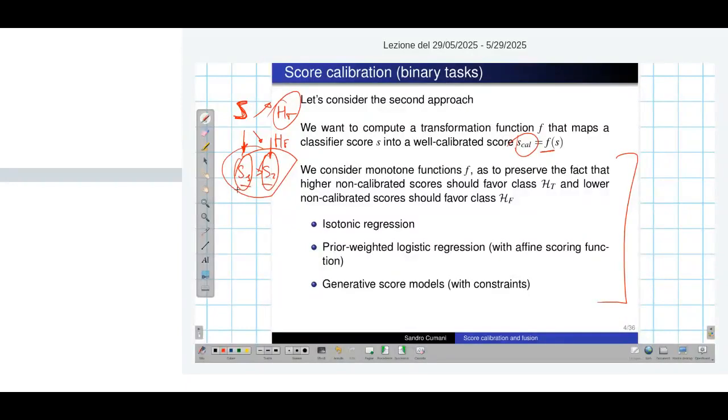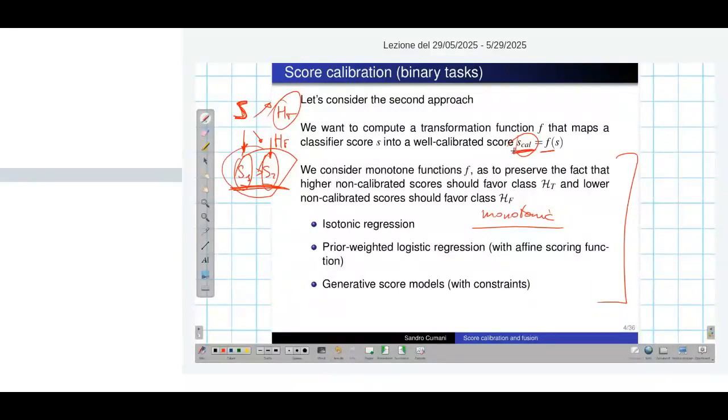We want the relative strength of the scores to be preserved, which means that our function, it's not written here, should be monotonic. So our transformation function should be monotonic and should map our scores to scores that represent a log likelihood ratio for the evaluation population.